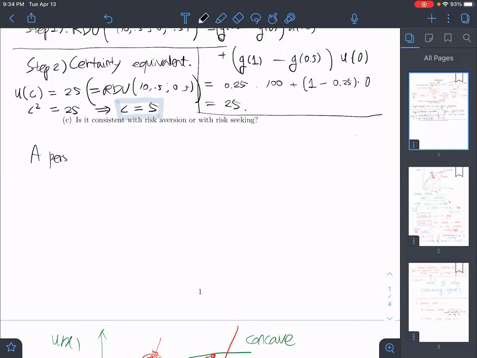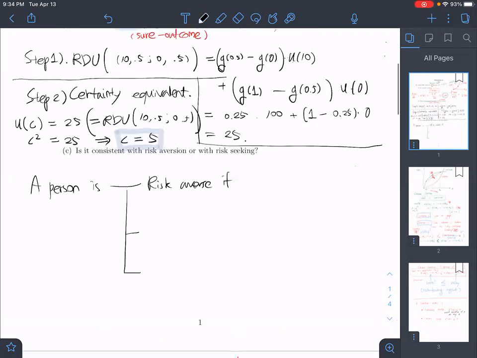The person is risk averse if the certainty equivalent is larger than the expected value of the lottery. Okay.